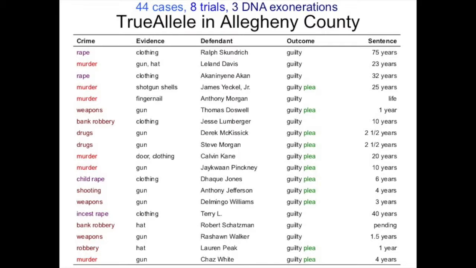There are a number of murders, and most of the results are guilty pleas that don't need to go to trial because the DNA is clear from the evidence. What's also clear, if you look in the second column under evidence, is that these are not the usual body cavities and so on from biological evidence.